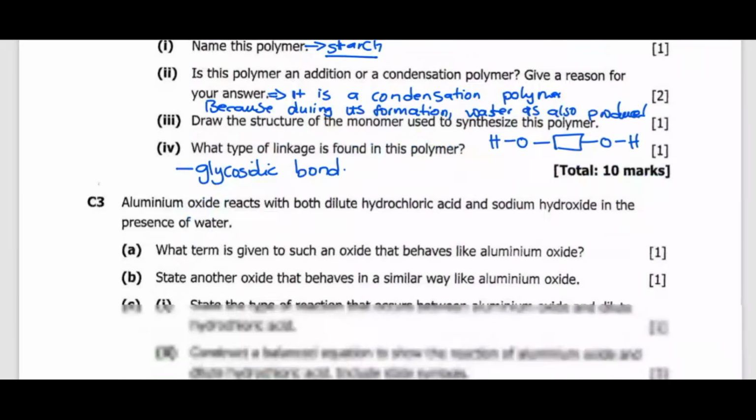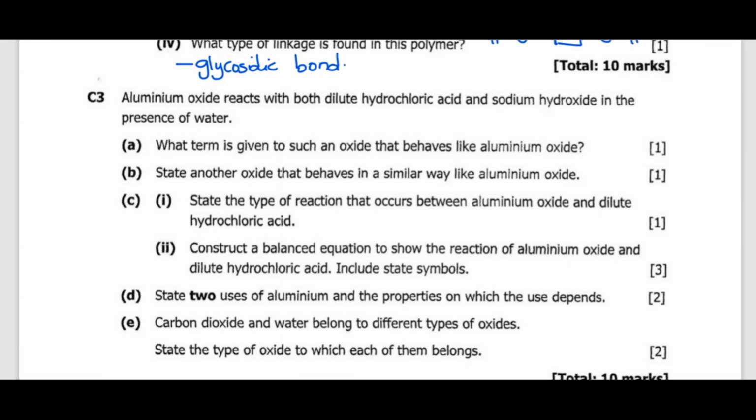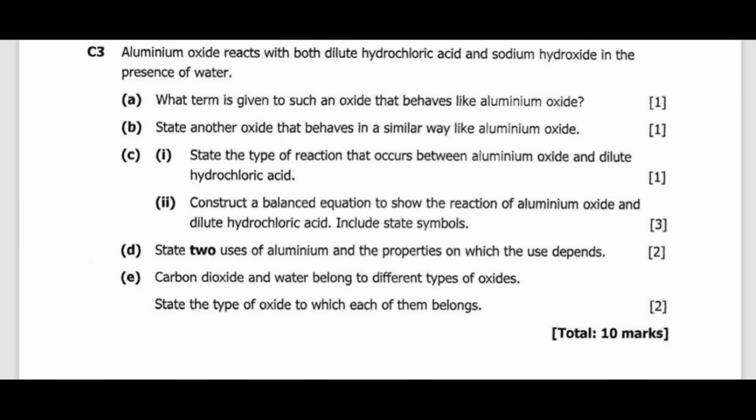Now we move on to question C3. Aluminium oxide reacts with both dilute hydrochloric acid and sodium hydroxide in the presence of water. What term is given to such an oxide that behaves like aluminium oxide? So this is an amphoteric oxide because it can behave as an acid and as a base.